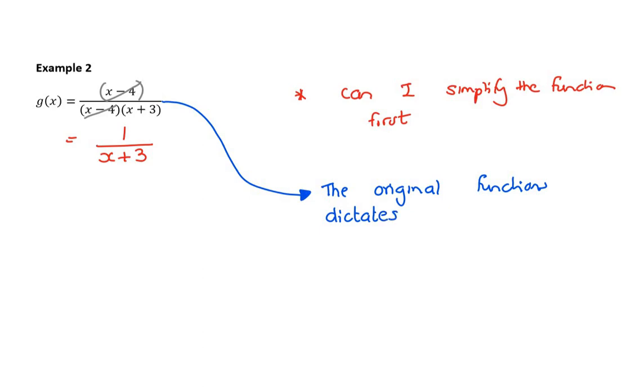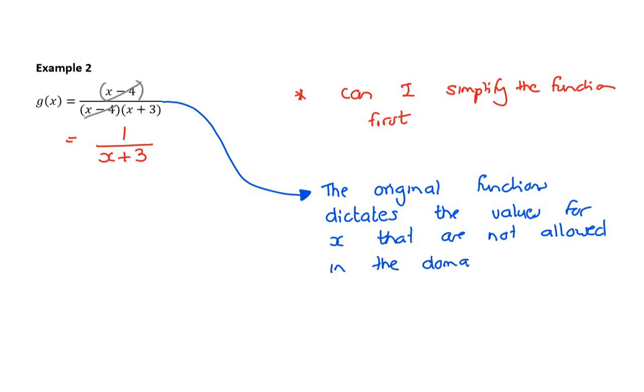The function will be undefined at that point, and so the domain cannot include them. So in this particular example, you're not allowed to have 4, and you're not allowed to have minus 3.